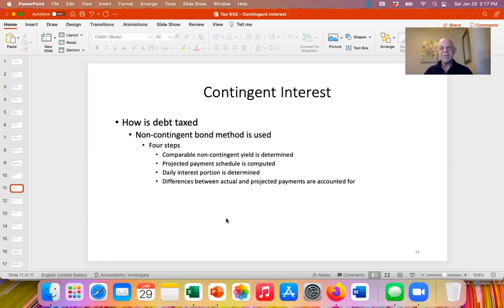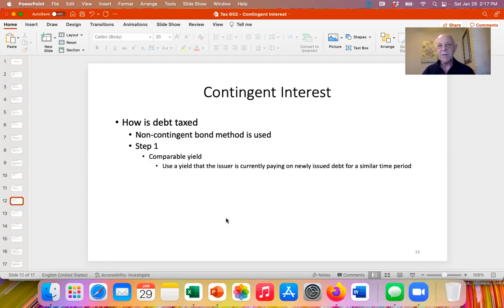Then, based on that interest rate, we're going to come up with a projected payment schedule. Then we're going to see what the daily interest portion is. And finally, when you get the final payments, we're going to see the difference between the actual and the projected payments, and we're going to account for all of those things. When I do words like this, I get it that no one's following. I'm just going to go through the next 4 slides, and then we're going to go to an example.